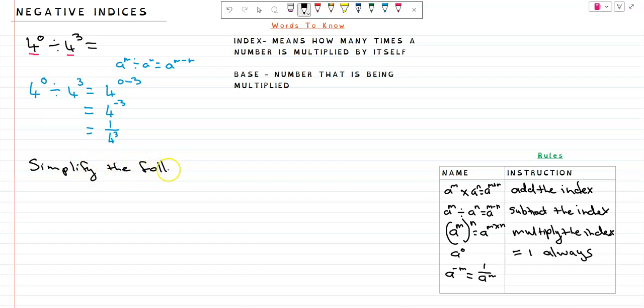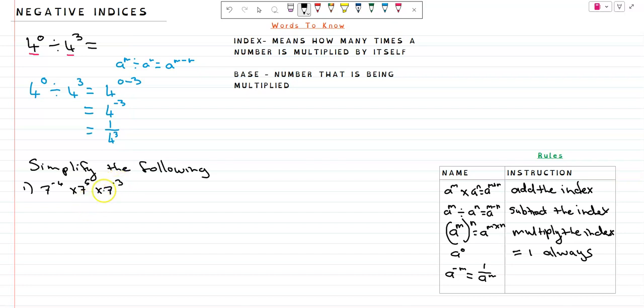And then we have question number 1 that says 7 to the power of negative 4 times 7 to the power of 5 times 7 to the power of negative 3.